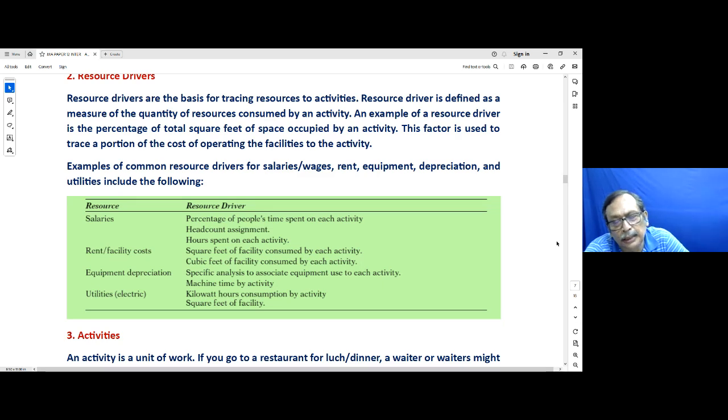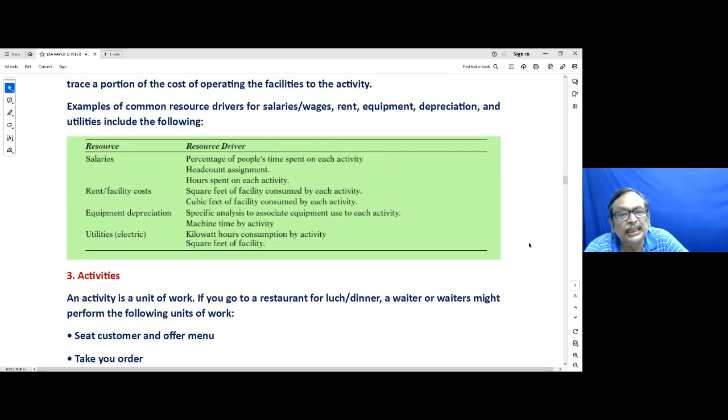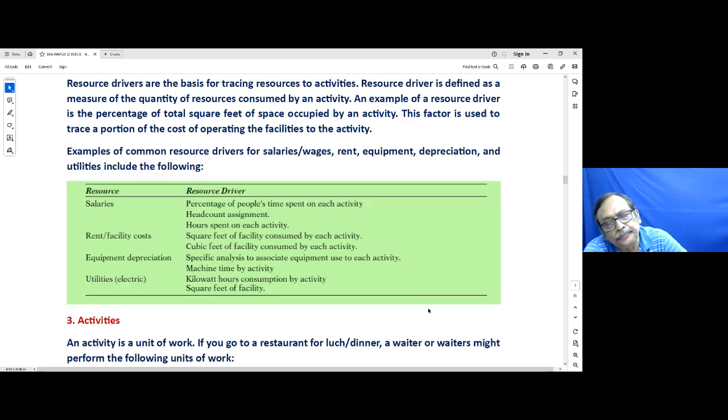For equipment depreciation, specific analysis to associate equipment used to each activity. For machine utilities, electric, machine time by activity, kilowatt hours consumption by activity, square feet of facility, and so on and so forth. So this is called resource and resource driver.